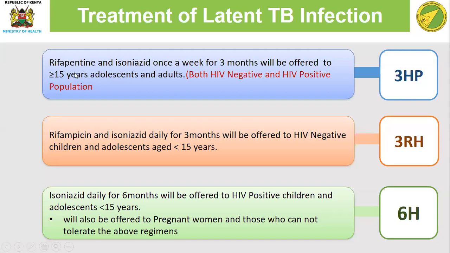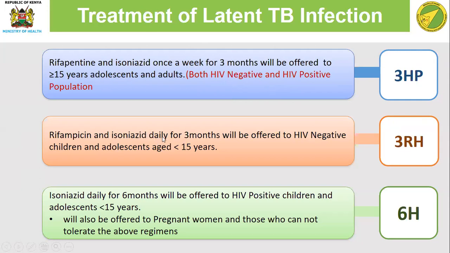This one is recommended for people more than 15 years, adolescents and adults, regardless of HIV status. Both HIV negative contacts and healthcare workers can benefit, and people living with HIV more than 15 years can benefit from this. The second one is 3RH, meaning 3 months of rifampicin and isoniazid.